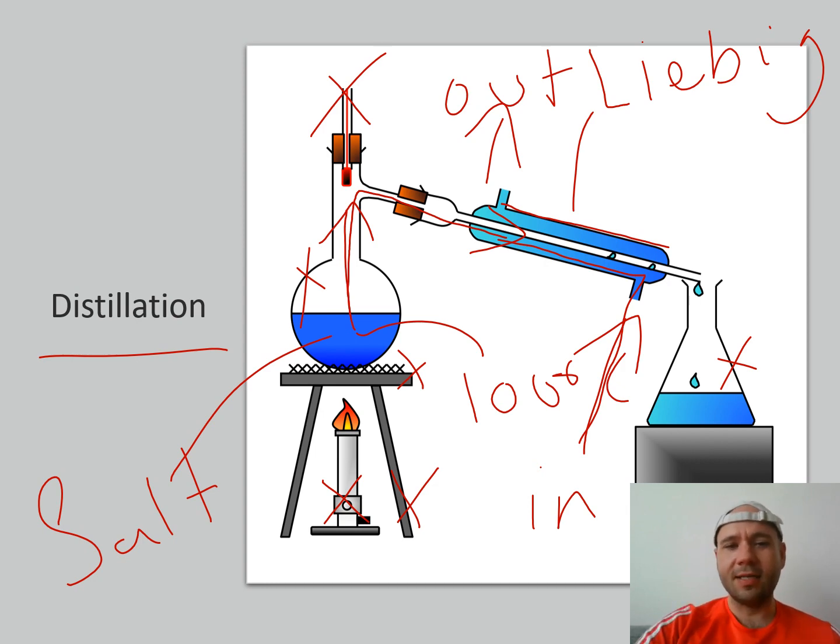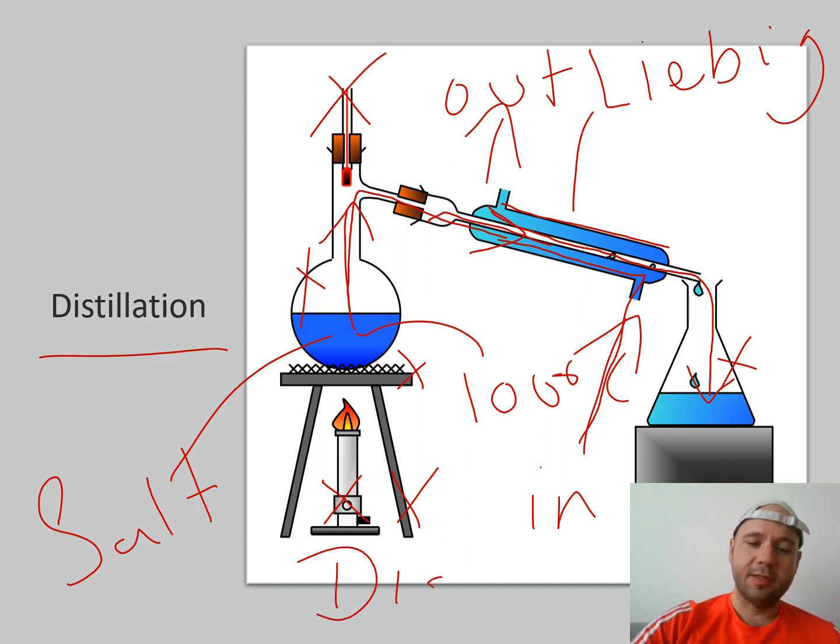Now, as the gas is traveling through the Liebig condenser, the heat energy from that gas goes into the cold water, and consequently, the hot gas condenses back into a liquid and is able to be collected inside of the conical flask. And once it's collected inside of the conical flask, the liquid, the solvent, is now known as the distillate.